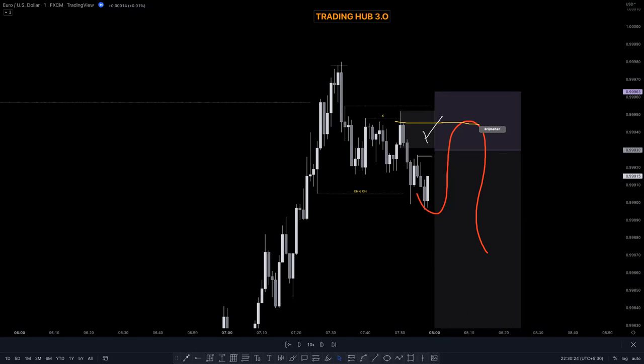Another possible scenario is here: if the market takes out this inducement, just sweeps the liquidity, not tapping your order block, but sweeps this high and closes below it, we can also take entry. The order block is not necessary. The main thing is the inducement liquidity, then we can take entry.